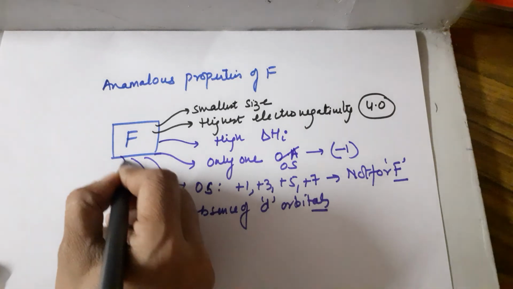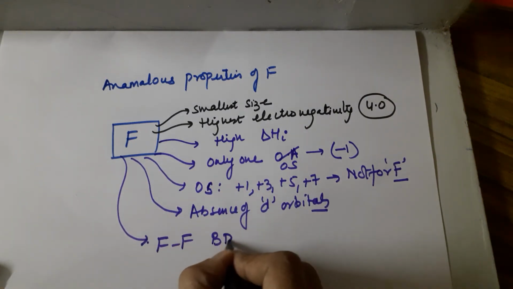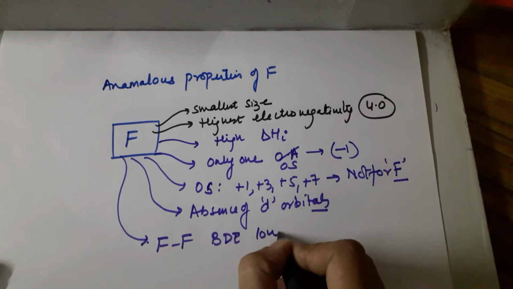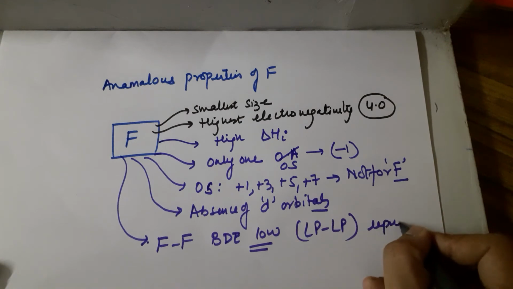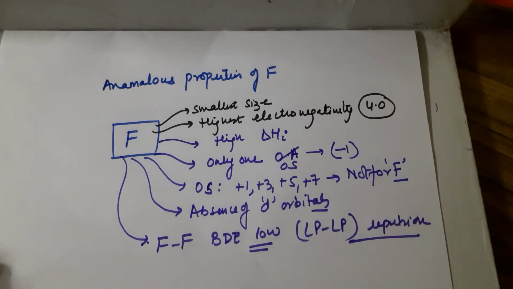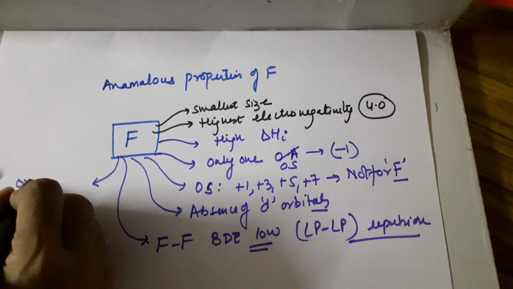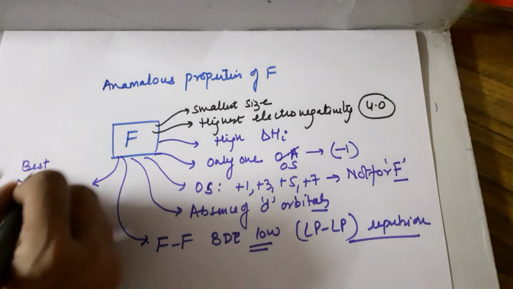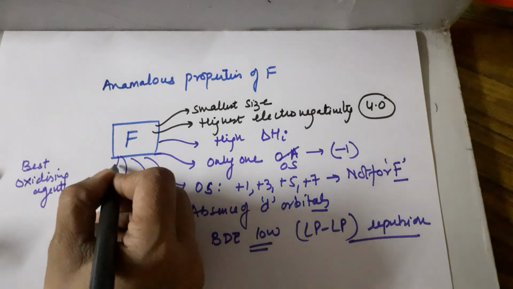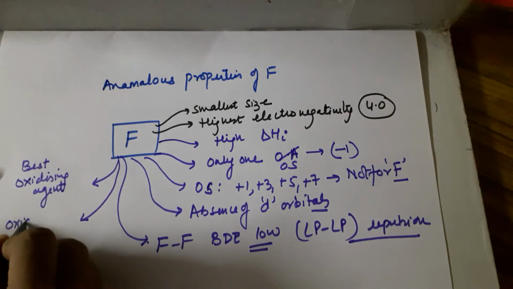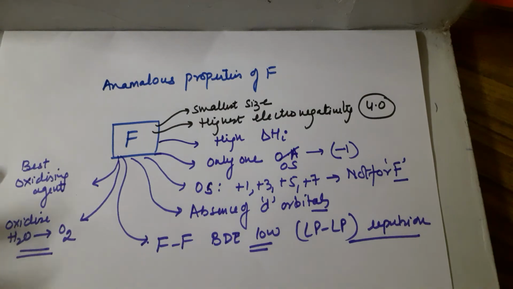Beyond this, you also have F-F bond dissociation energy is low owing to the lone pair repulsion. So these are the exceptional properties of fluorine. On top of it, it is the best oxidizing agent, hence can also oxidize water to O2 as already done.